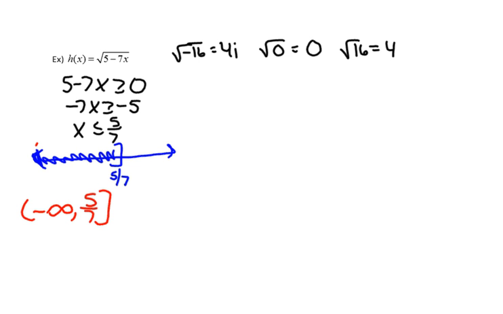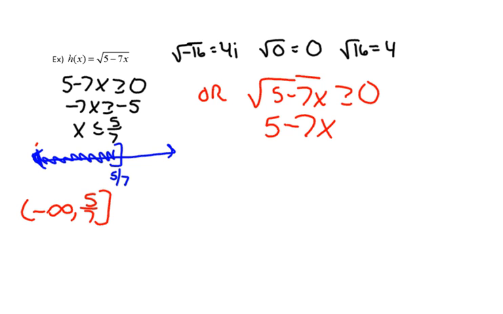Now, you can always do it like this also, so I will show this very quickly. You can always write this as square root of 5 minus 7x for starters, greater than or equal to 0. I can square both sides, and that's still 5 minus 7x is greater than or equal to 0, and then you can solve it exactly the same as what I just did to the left-hand side. Either way, you will get the exact same answer.